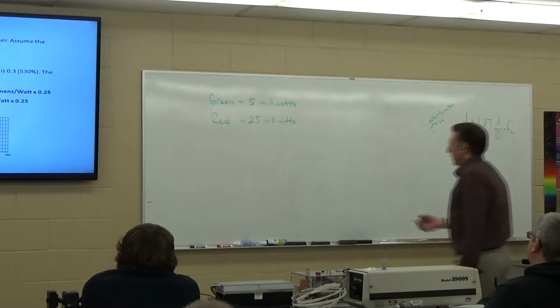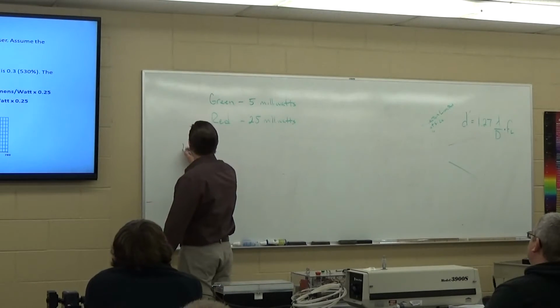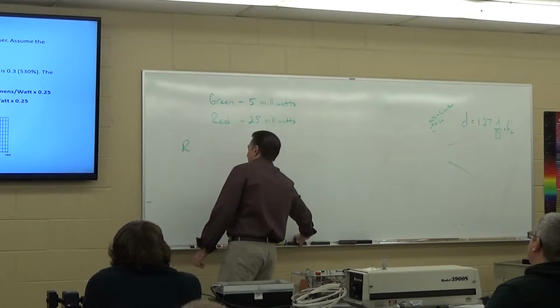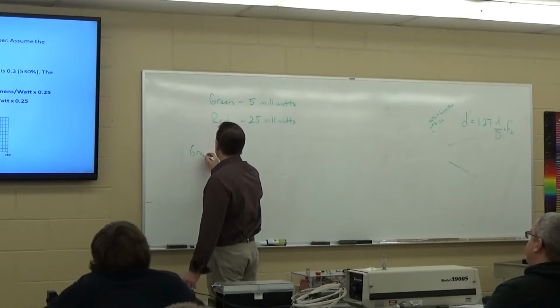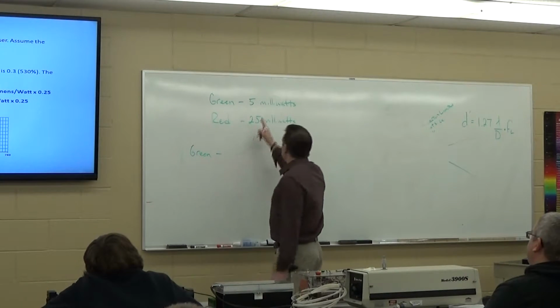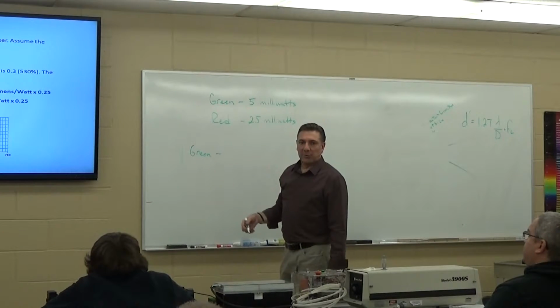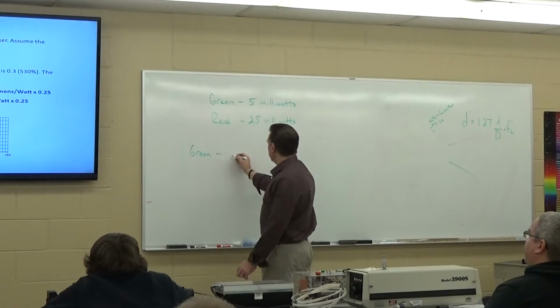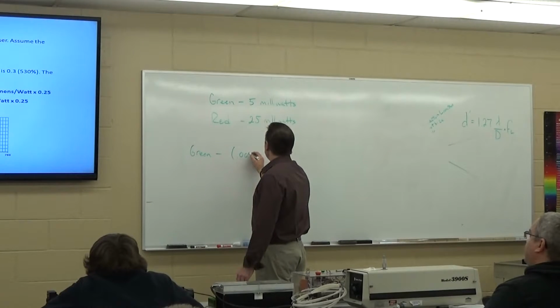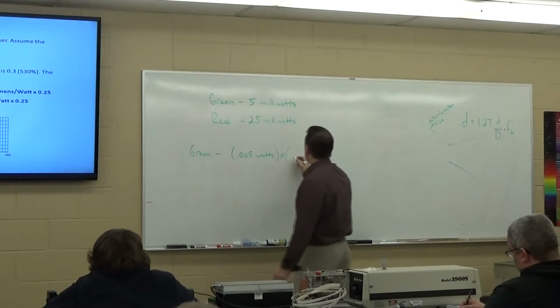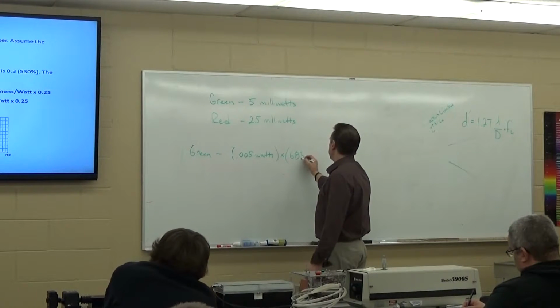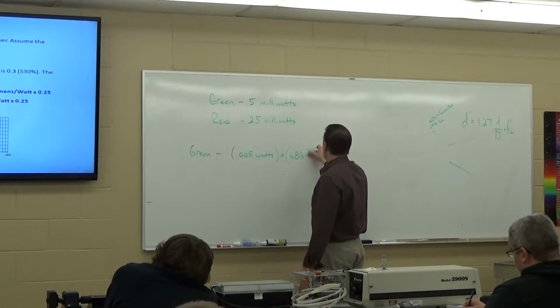So if we did that for the green, I said green and I wrote red. Green, 5 milliwatts. Well, we know what that is in terms of watts, so we get 0.005 watts, times 683 lumens per watt.